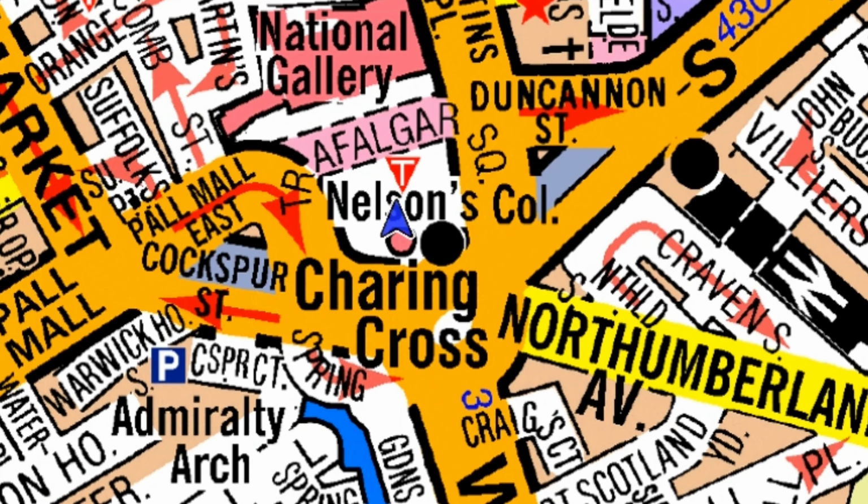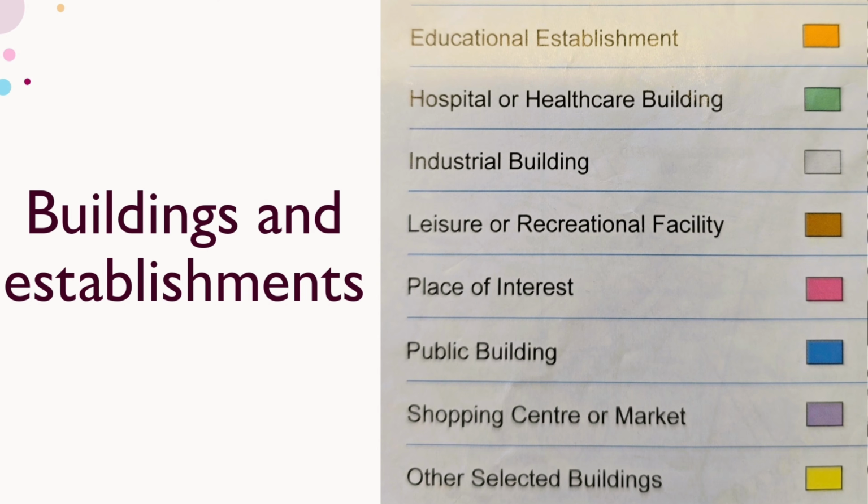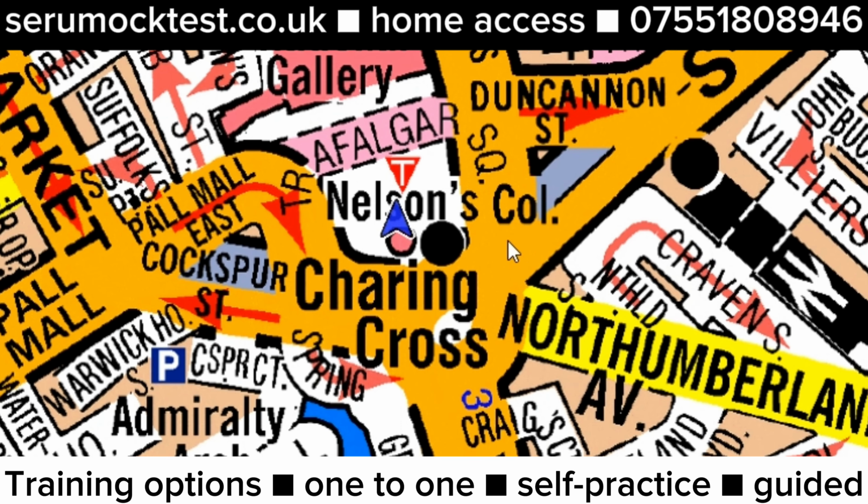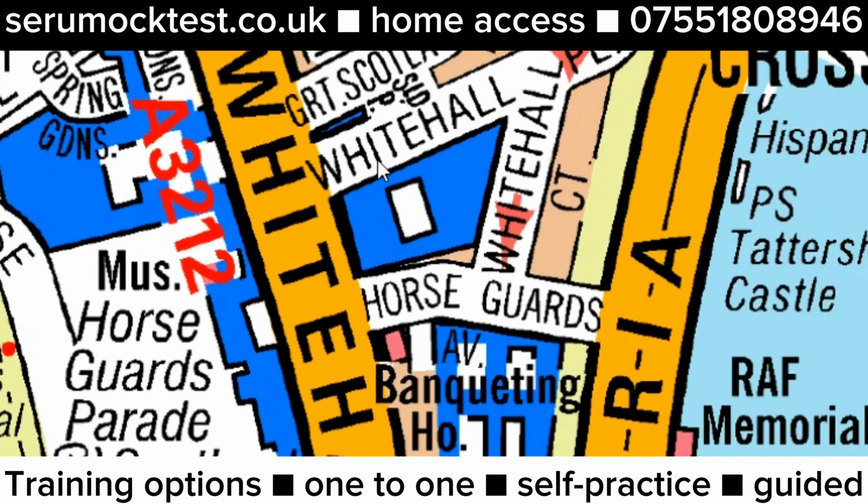Now these are the colors of the buildings and establishments. Obviously not many of them bother you at all, because they are solidly on the side of the road. Hospital buildings are blue, like for example, here you go. Oh, sorry, hospitals are green. Sorry, my bad.